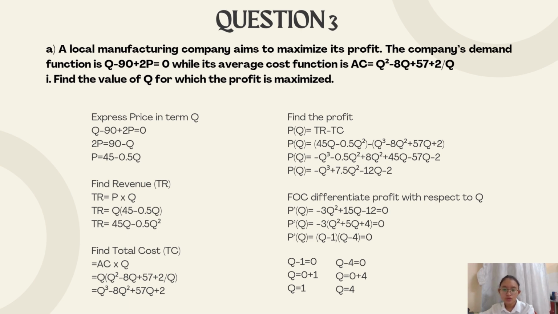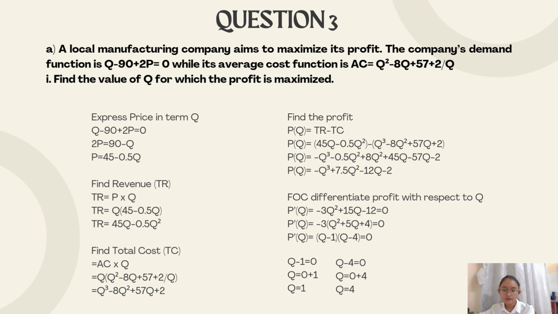Profit equals revenue minus total cost. π(Q) equals 45Q minus 0.5Q squared minus (Q cubed minus 8Q squared plus 57Q plus 2), which equals negative Q cubed plus 7.5Q squared minus 12Q minus 2.